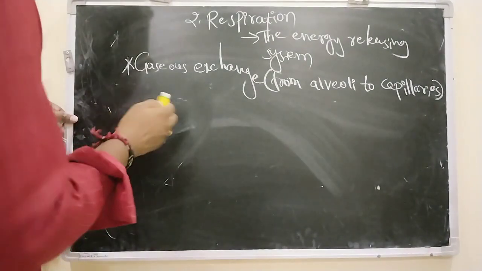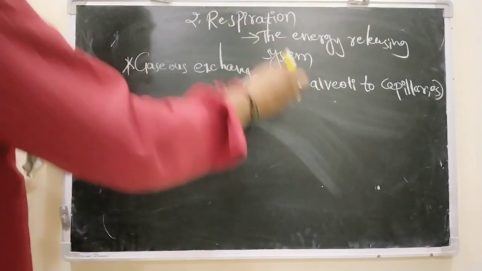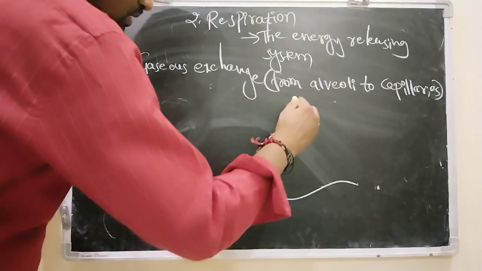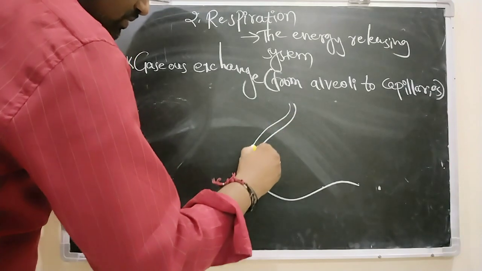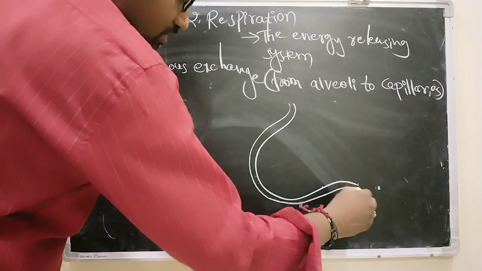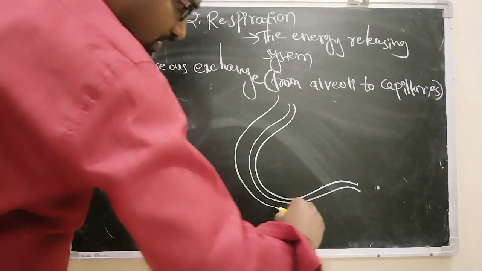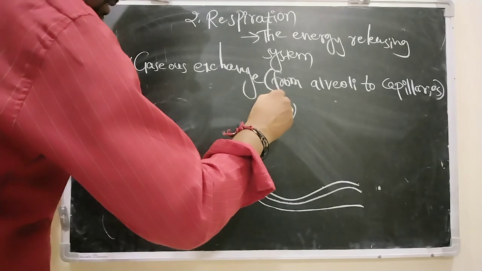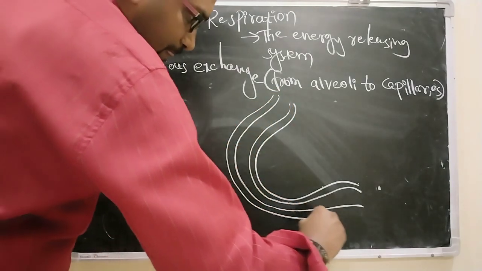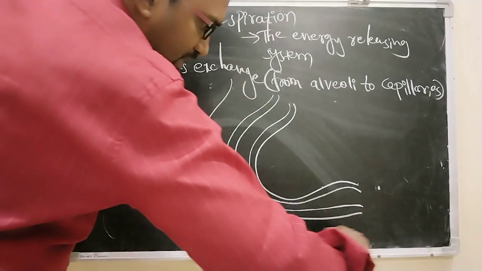Right. So after the air entered into alveoli, the alveoli exchange gases and give oxygen to blood capillary and collect carbon dioxide from blood capillary.